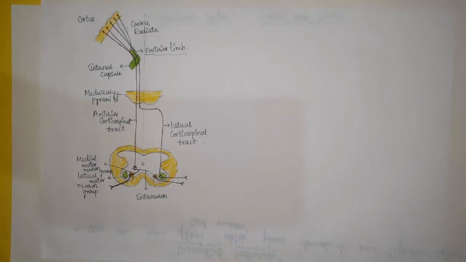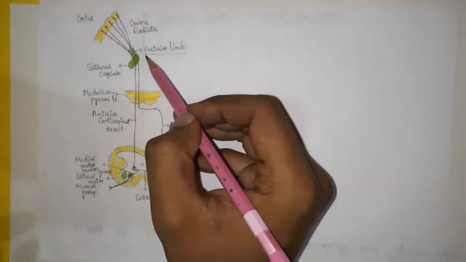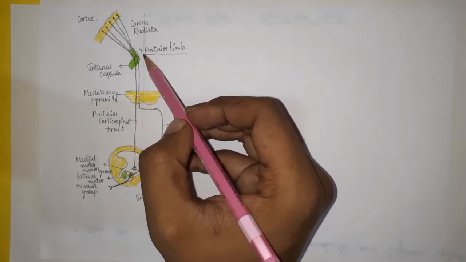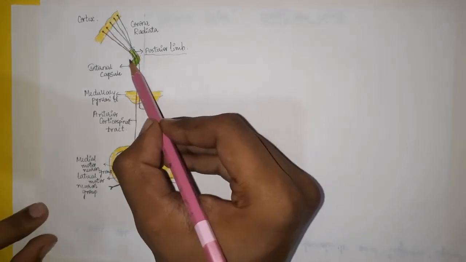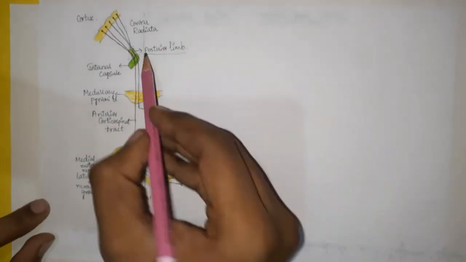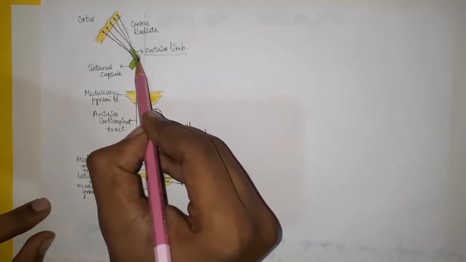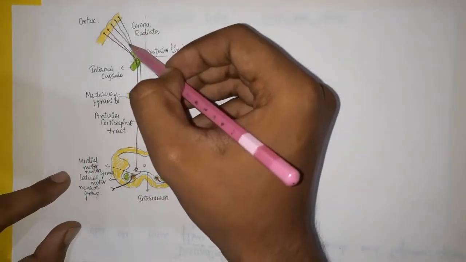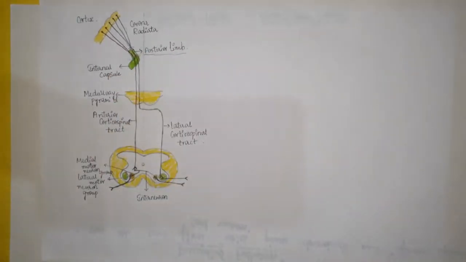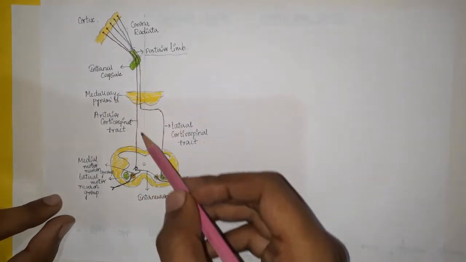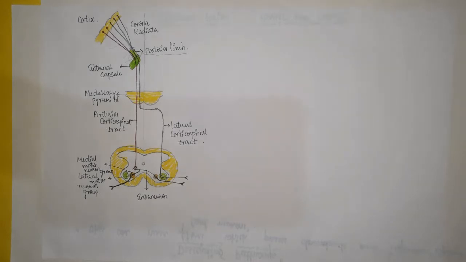So, if any disease damages this internal capsule, it will also result in complete damage to the corticospinal tract. If this area, posterior limb, is damaged, then there is complete loss of corticospinal tract. Again, this results in contralateral hemiplegia. I will discuss later. See this diagram so that you will get a better picture.